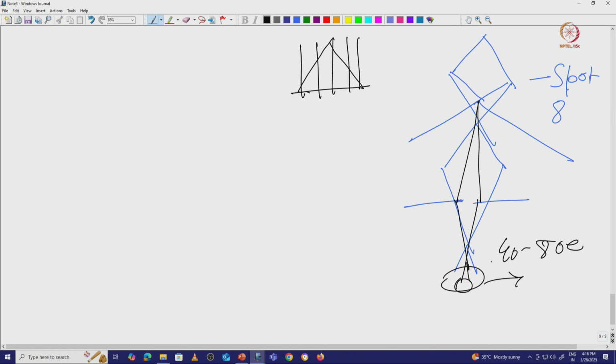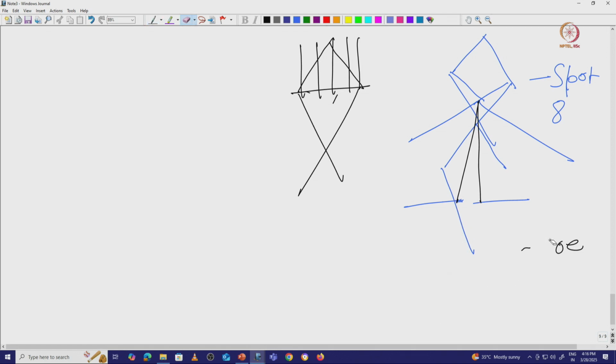So a parallel electron beam will come, it will interact with our sample, and then there will be scattering. Here you can see there is a crossover point and the electron beams converge and diverge constantly. Somehow we have to control that part, so the beam should not be like this one. We have to make this electron beam somehow parallel.